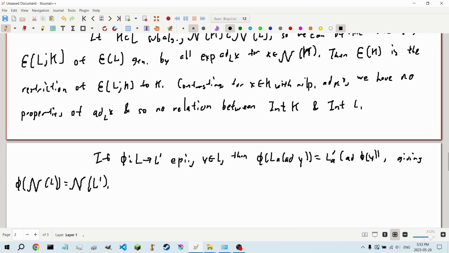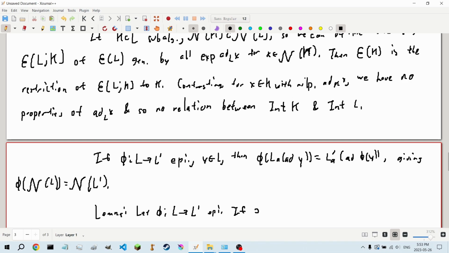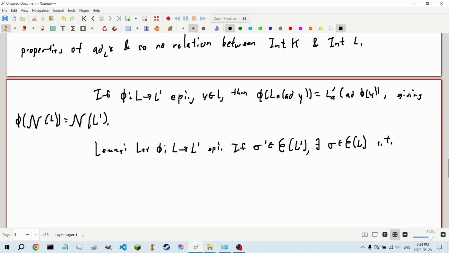This brings us a lemma. Let a map phi from L to L prime be an epimorphism. If sigma prime is an element of goofy E of L prime, then there exists a sigma in goofy E of L such that, and then there's a diagram.